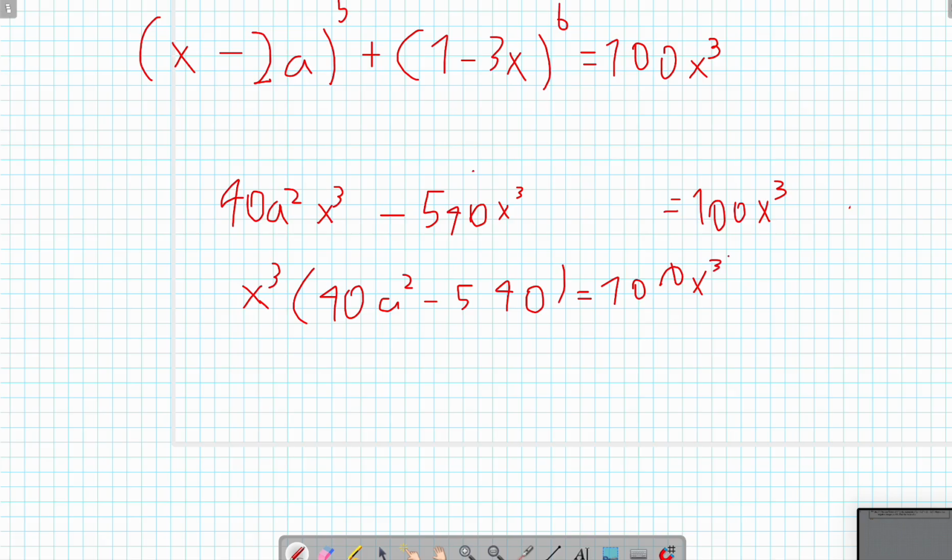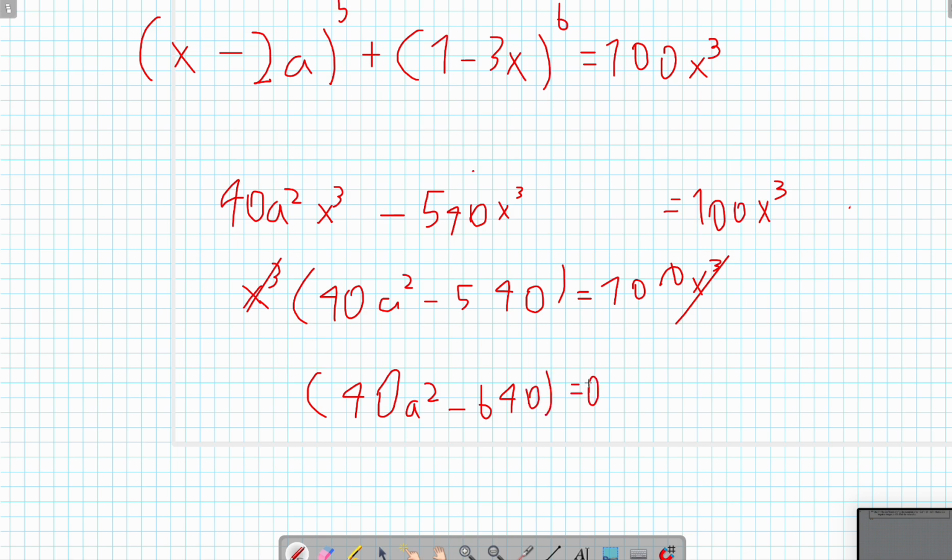We can cancel x cubed here and x cubed here, so 40a squared minus 640 is equal to 0.